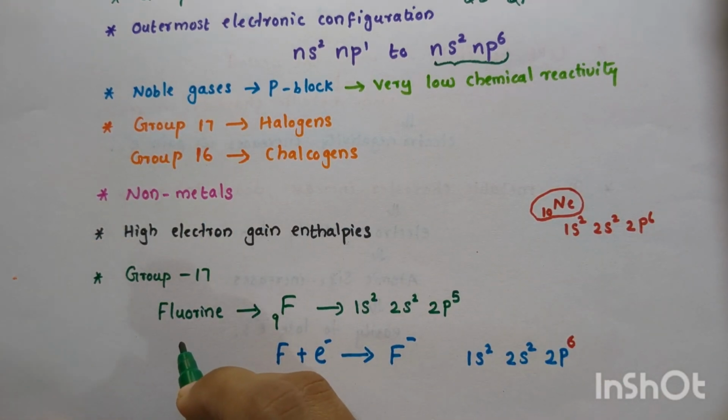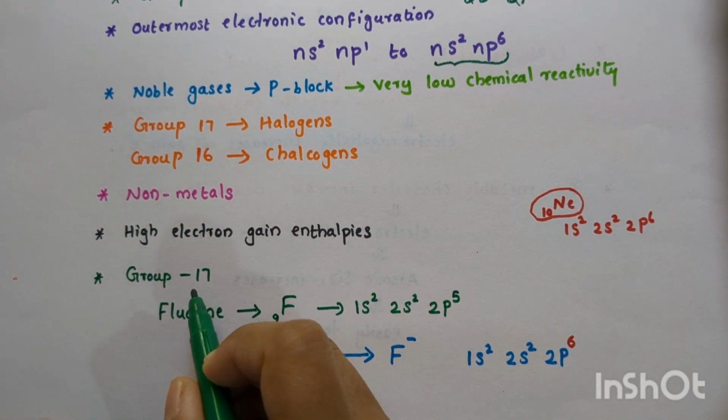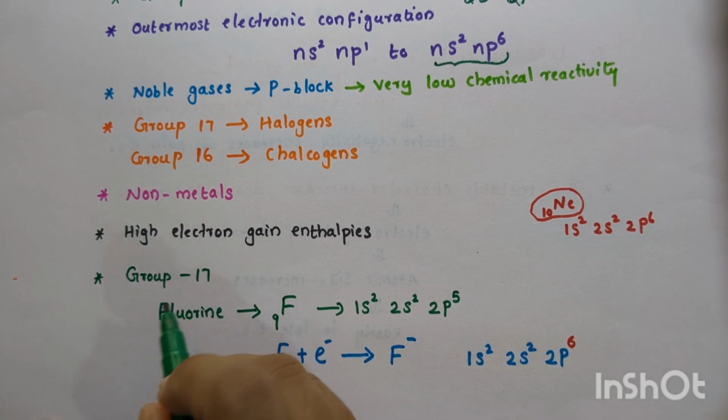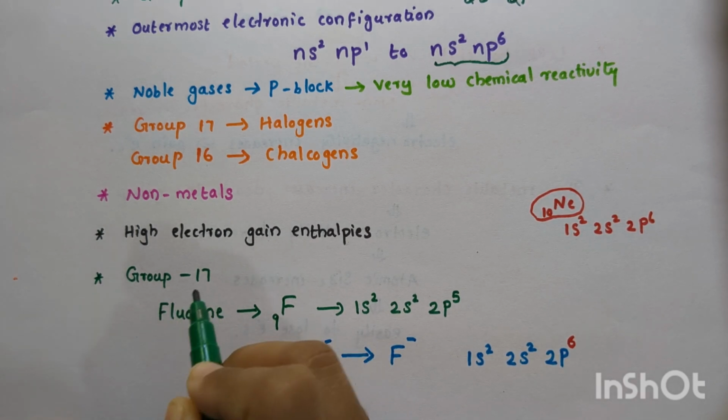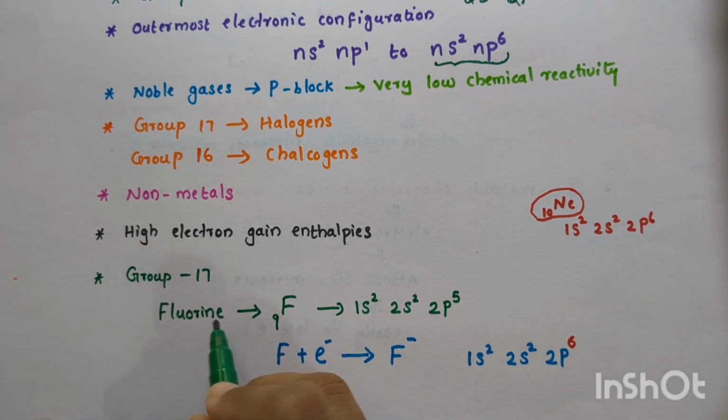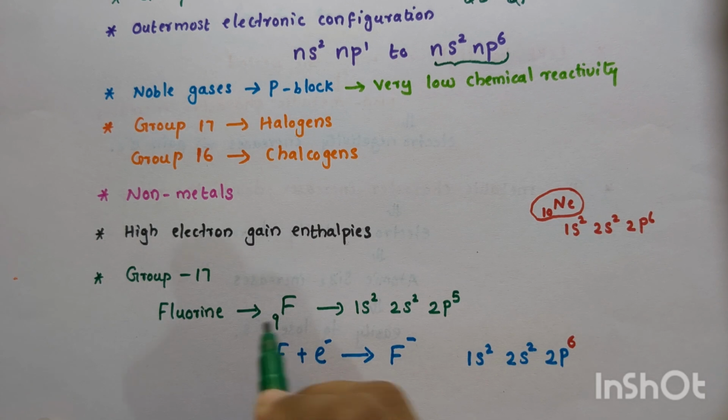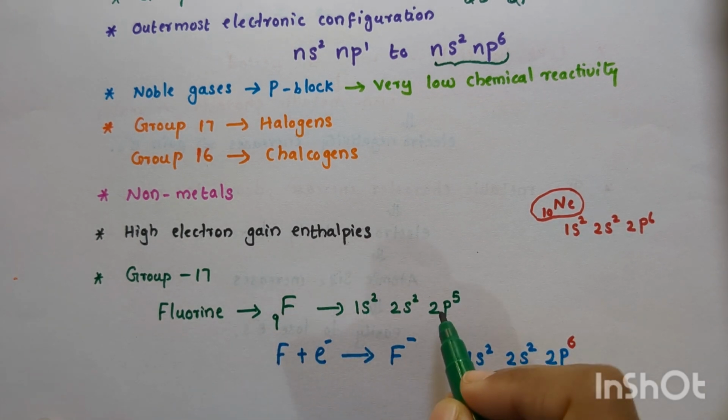For example, the elements of group 17, the halogens, try to gain 1 electron to form a stable noble gas configuration. Consider one group 17 element, fluorine, whose atomic number is 9. Its electronic configuration is 1s2 2s2 2p5.